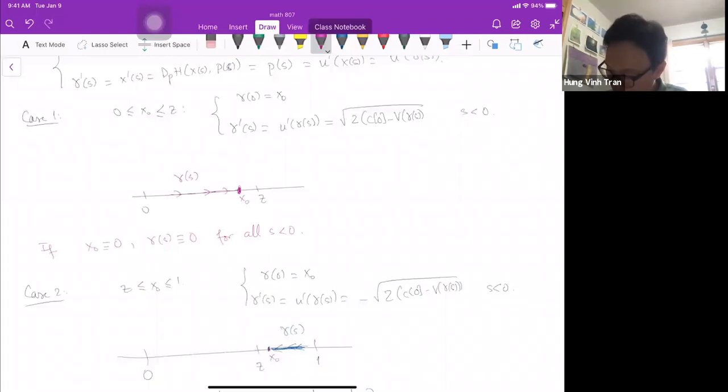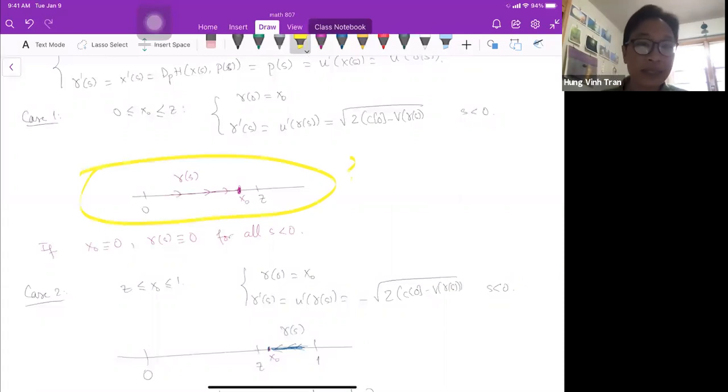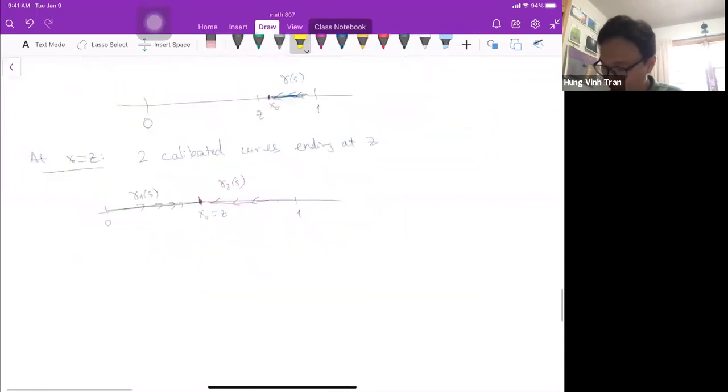I haven't told you at all what's going to be the behavior of gamma. I said gamma starts from somewhere and increases up to x naught, right? So does gamma start from 0 and then go to x naught, or does it just start from somewhere greater than 0 and go to x naught? So that's the question. Okay, so let's focus on the last point.